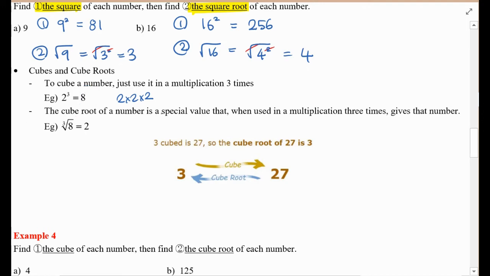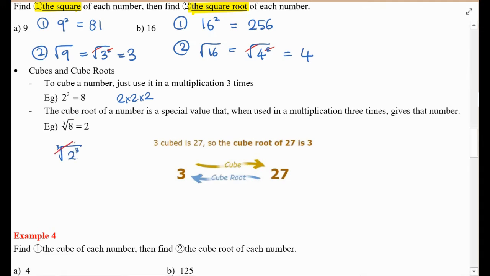Cube root of a number is a special value that when used in a multiplication 3 times gives that number. So the cube root of 8 means you have to think about one number you have to multiply 3 times to get 8. So that is 2 cubed.